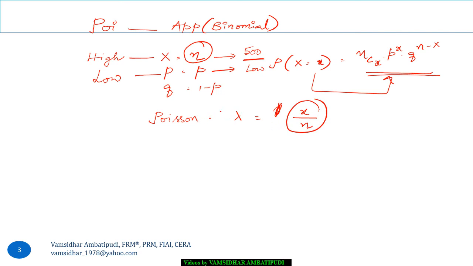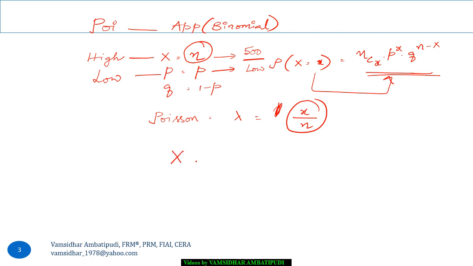You take lambda as x by n, and the binomial distribution can be approximated to a Poisson distribution.